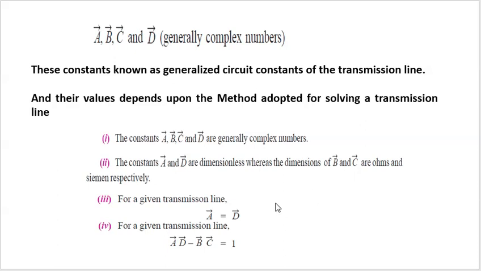And for a given transmission line, A will always be equal to D, and A into D minus B into C will always be equal to 1.